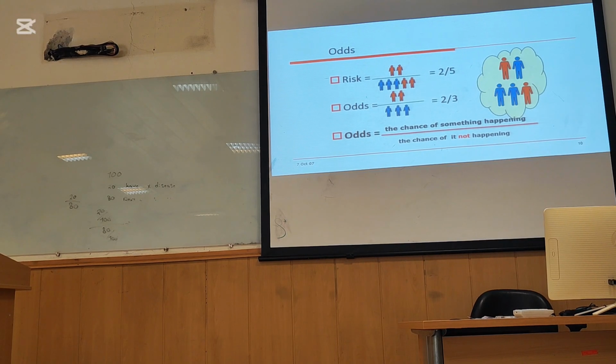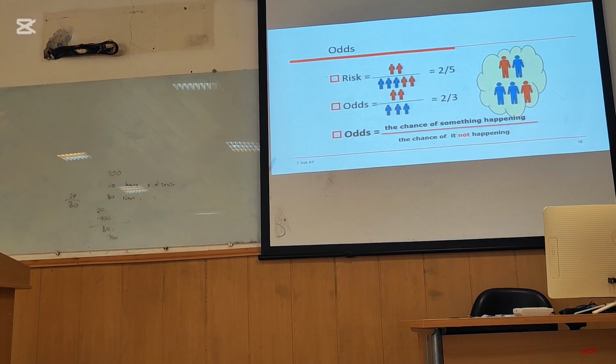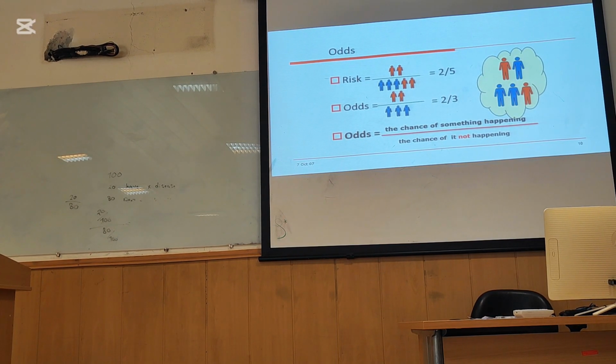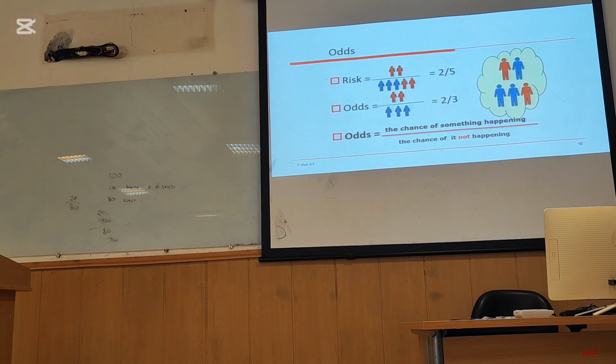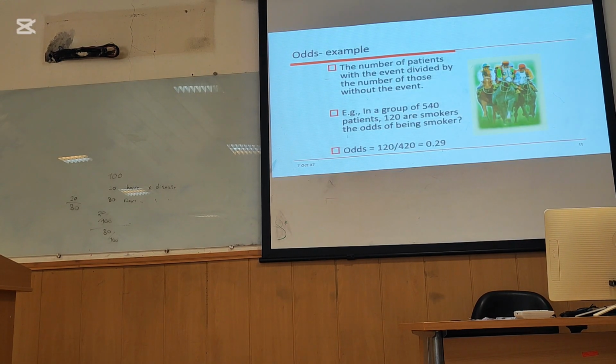Logistic regression is an advanced statistical approach, and logistic regression models give you the odds ratio. So the odds ratio is a very important measure of association.